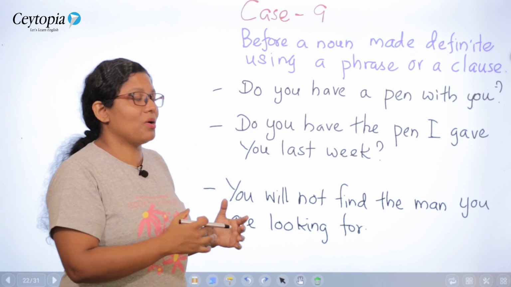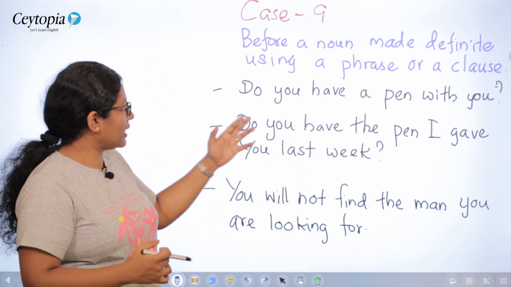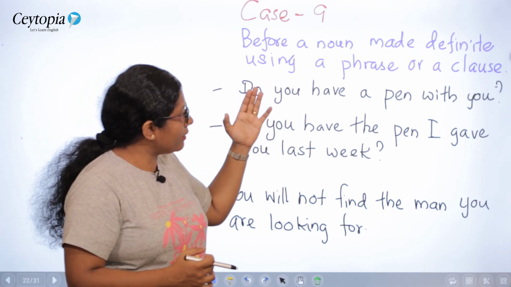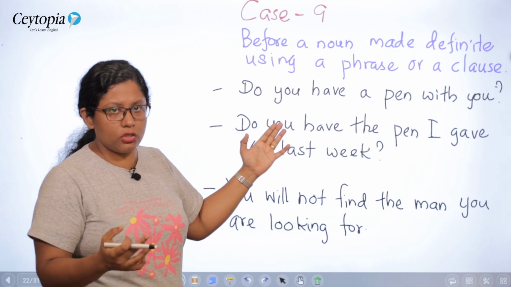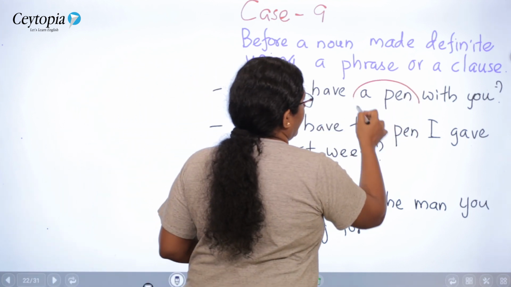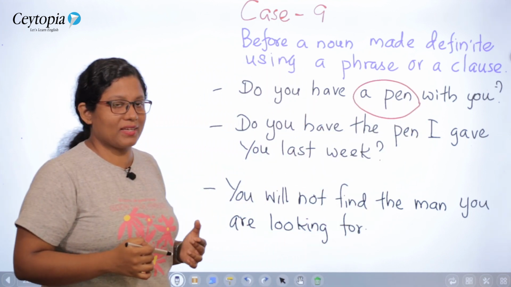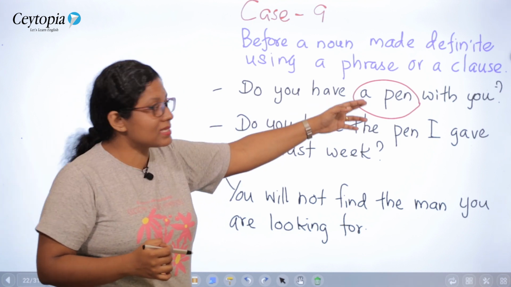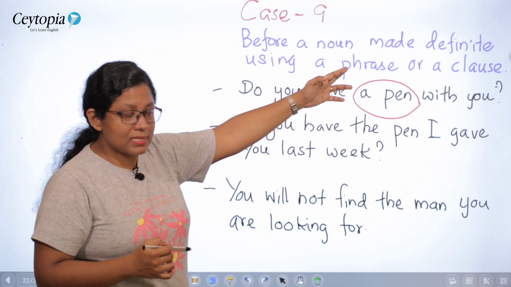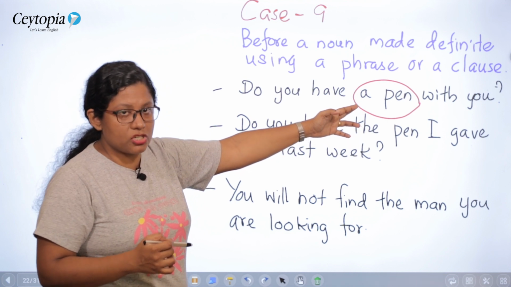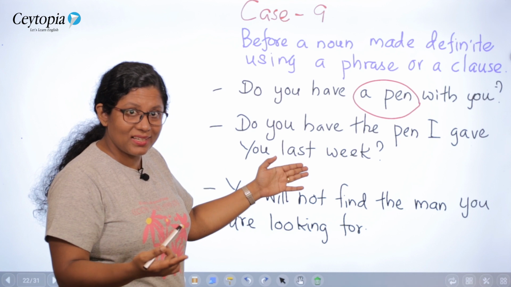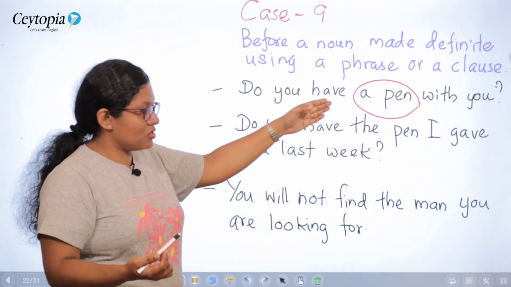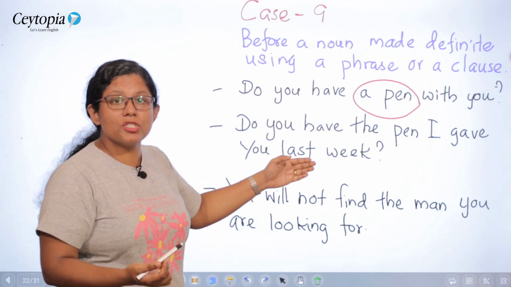For example, do you have a pen with you? If you say, do you have a pen with you? It can be any pen. It's not specific. This is the deviation. Do you have the pen I gave you last week? See the difference now. This is general and this one is specific.